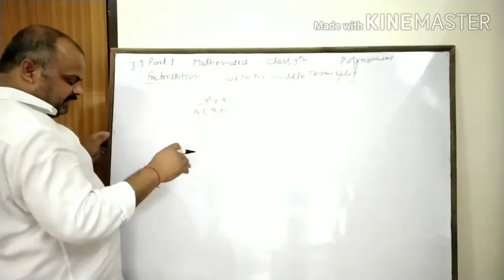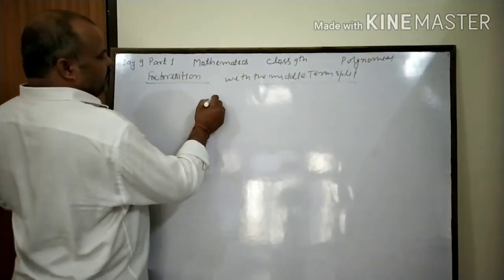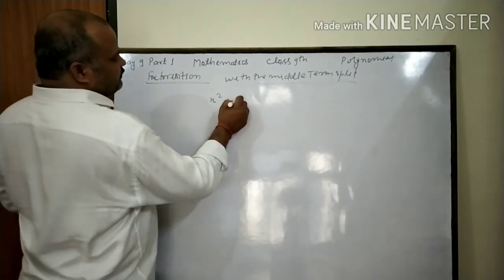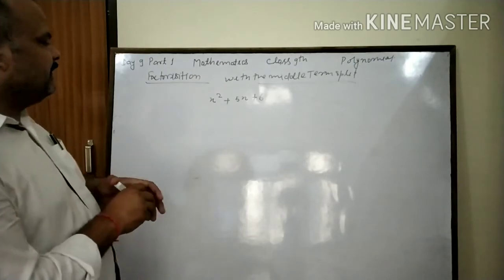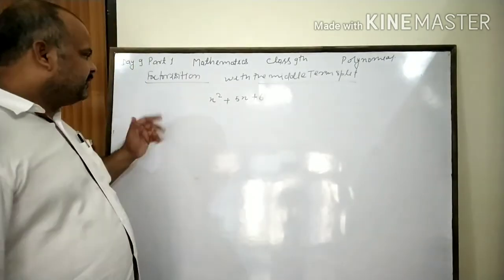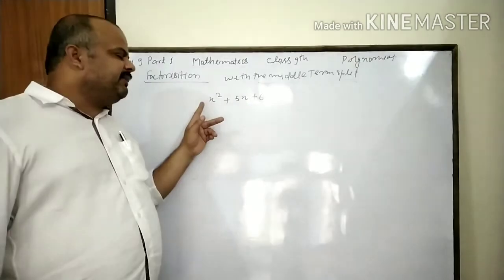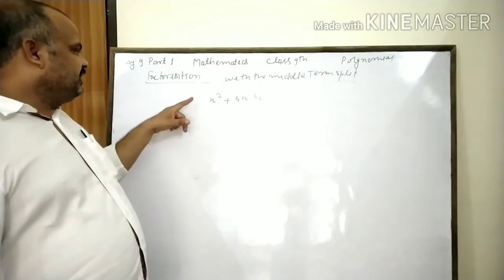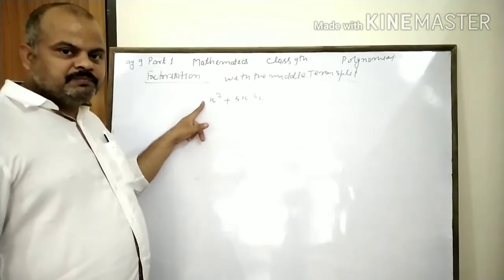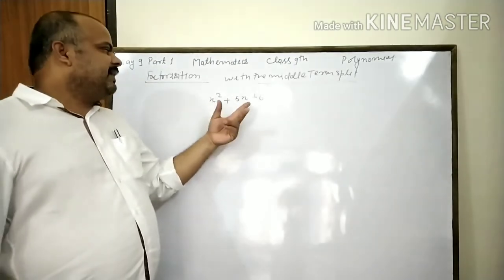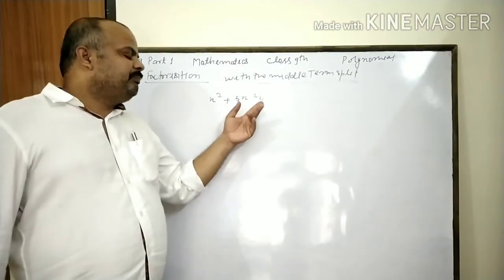Clear? Now we can solve this question, see here, x square plus 5x plus 6. It is a question and we want to factorize it. First of all, we check the coefficient of x square, which is 1. After that we find the factors of the pure constant term.